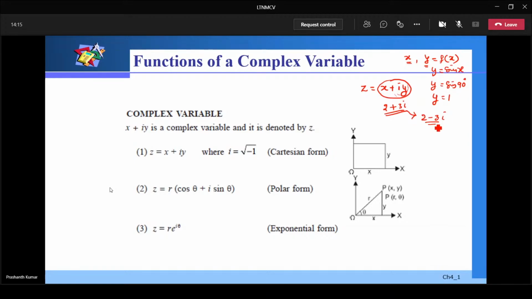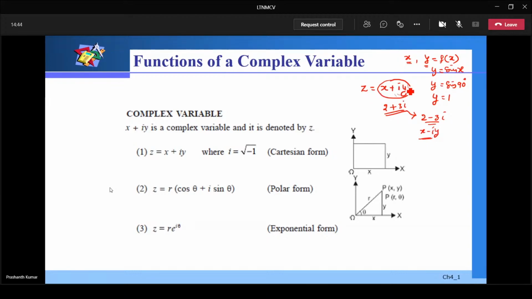This is the complex conjugate number. So we are calling complex numbers double variable functions. It is not a single variable function, but x plus iy is a single variable. But whenever you find x plus iy, you will get automatically x minus iy. Therefore you are getting two variables at a time.